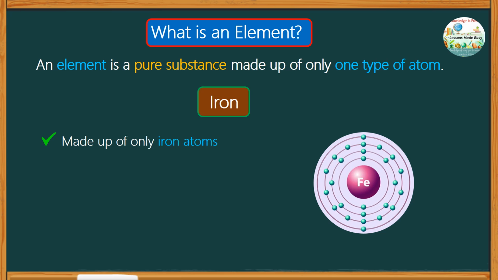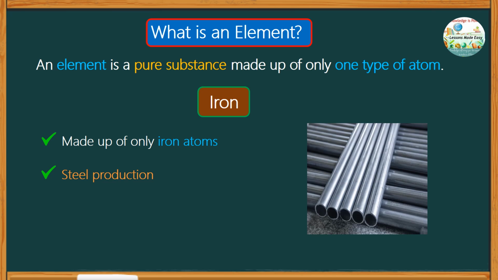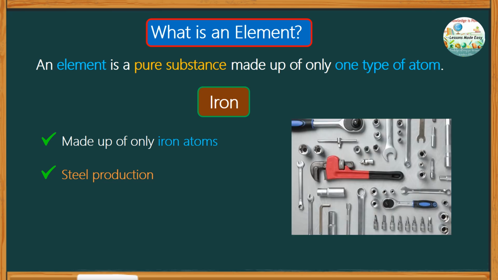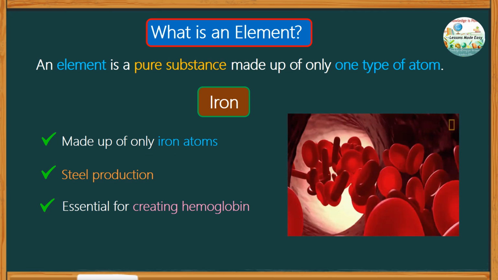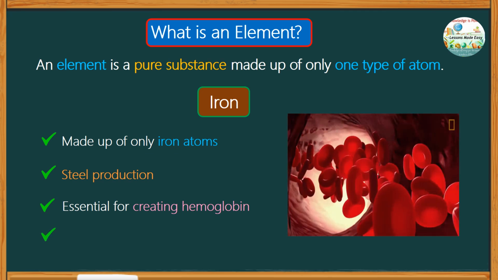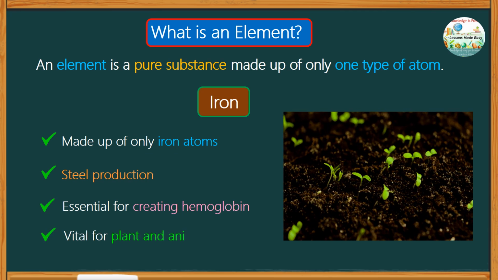Iron has uses in industrial applications like steel production for construction and manufacturing, such as nails, pipes, and other tools. Iron also has uses in biological functions where it is essential for creating hemoglobin and transporting oxygen in the blood. It is vital for plant and animal growth.